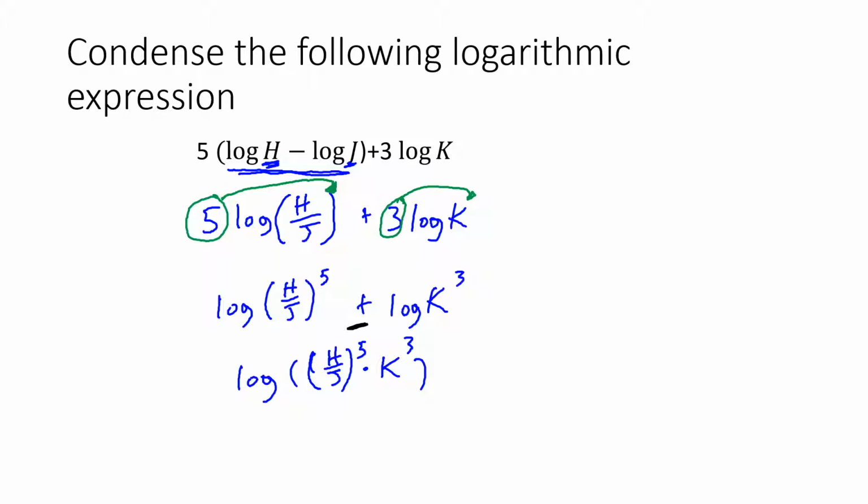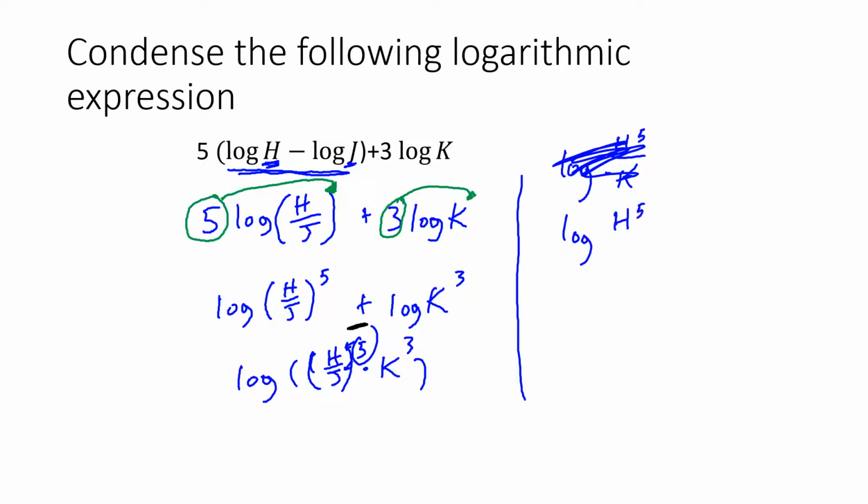Actually, correction. Let's go ahead and do some more work with this. Remember, this 5th power can be applied to both the numerator and denominator. So what we have here is log of h to the 5th over j to the 5th, and that's still being multiplied by k to the 3rd.